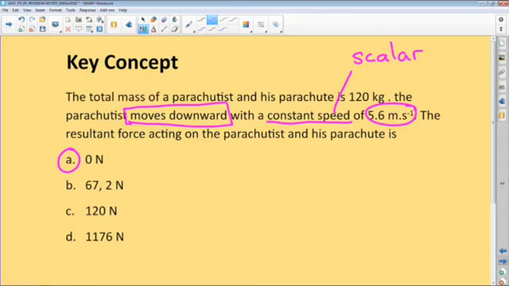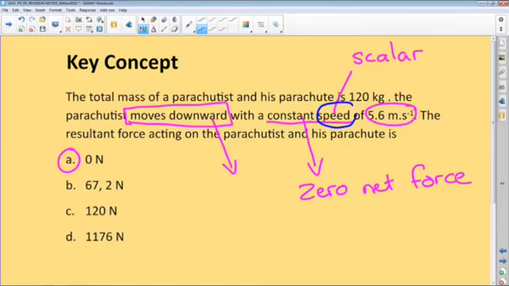We are given a direction because he tells us that it's moving downward, and we're given the information that this is constant. When you have constant, that means that you have a zero net force. I just want to point out that you need to be careful because this word speed can throw you off a little bit. But what has happened is that there has been an extra clue put into the question because we've got the direction.